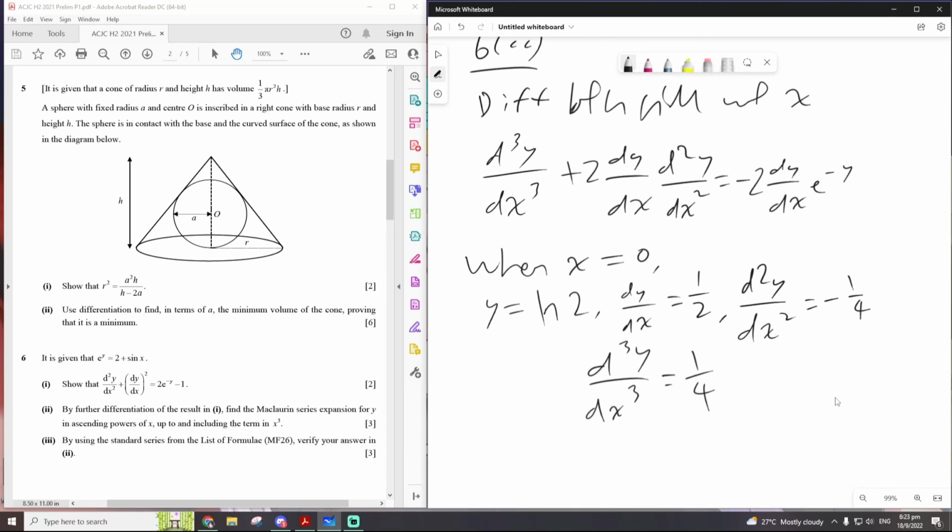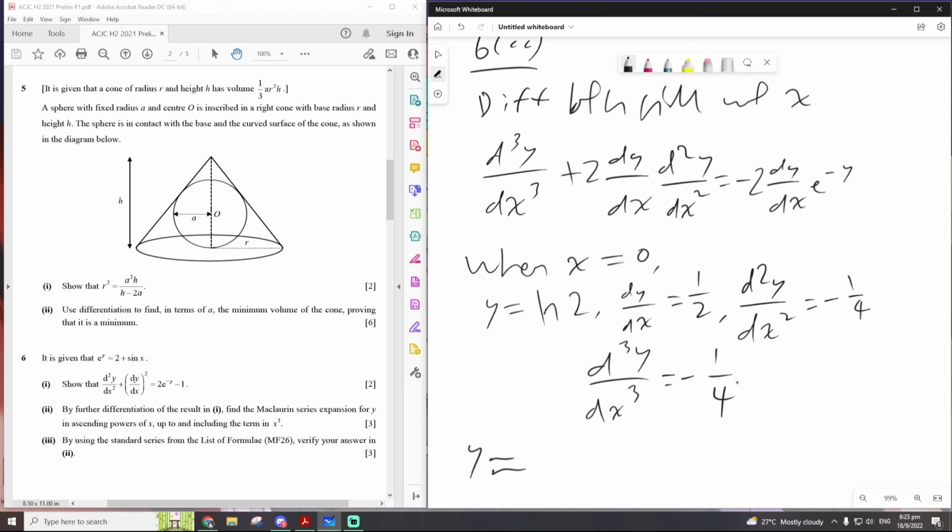No, sorry. Because this is negative 1/4 and this is negative half. So this is negative 1/4 as well. Yeah. Okay. So now I can find the Maclaurin series.